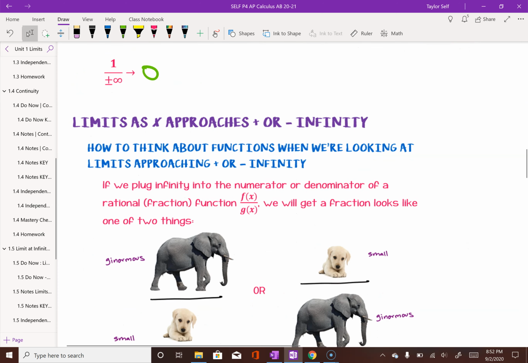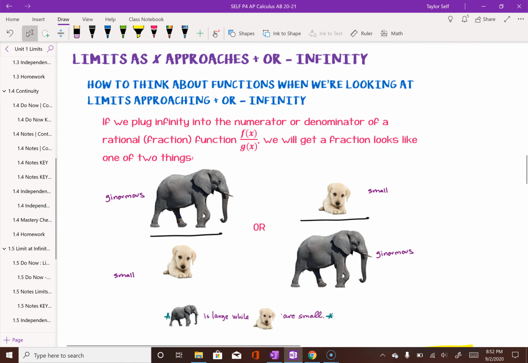All right, let's keep going. Limits as x approaches plus or minus infinity. How to think about functions when we're looking at limits approaching plus or minus infinity. All right, if we plug infinity into the numerator or denominator of a rational function, so fraction functions, we will get a fraction that looks like one of two things.